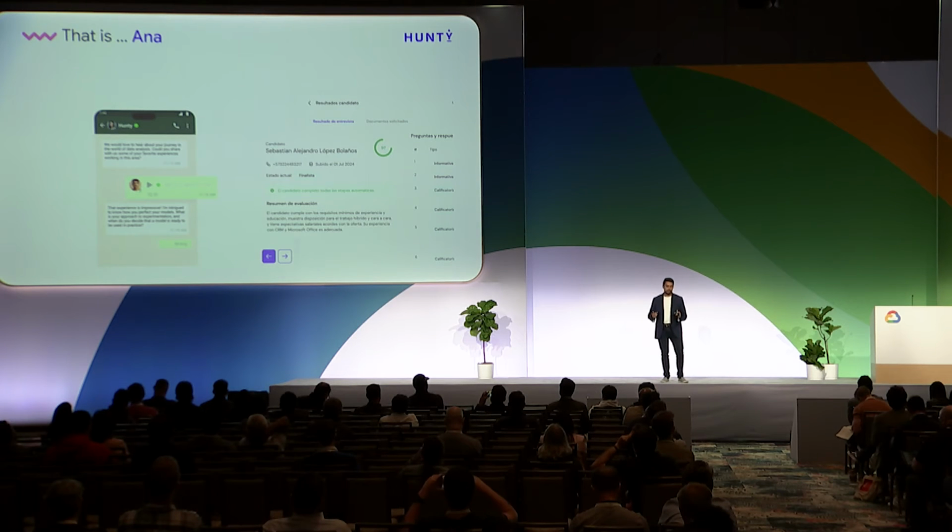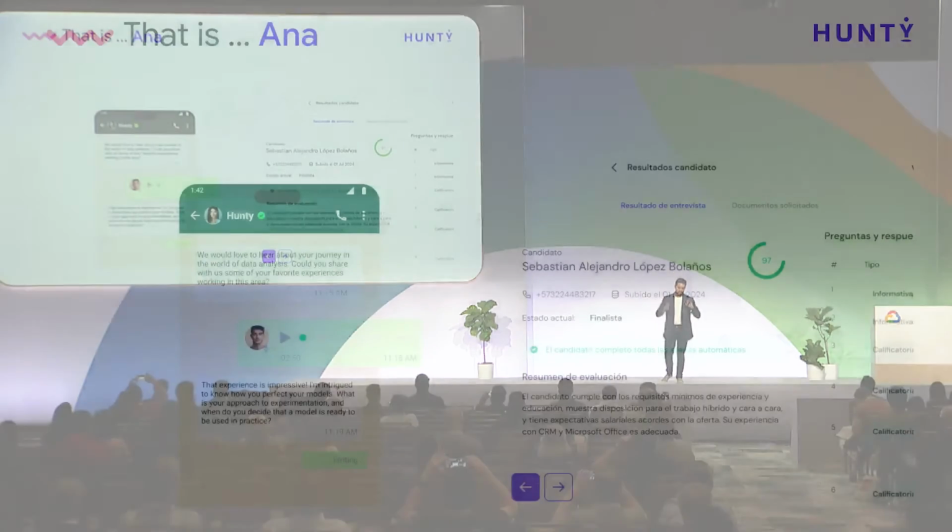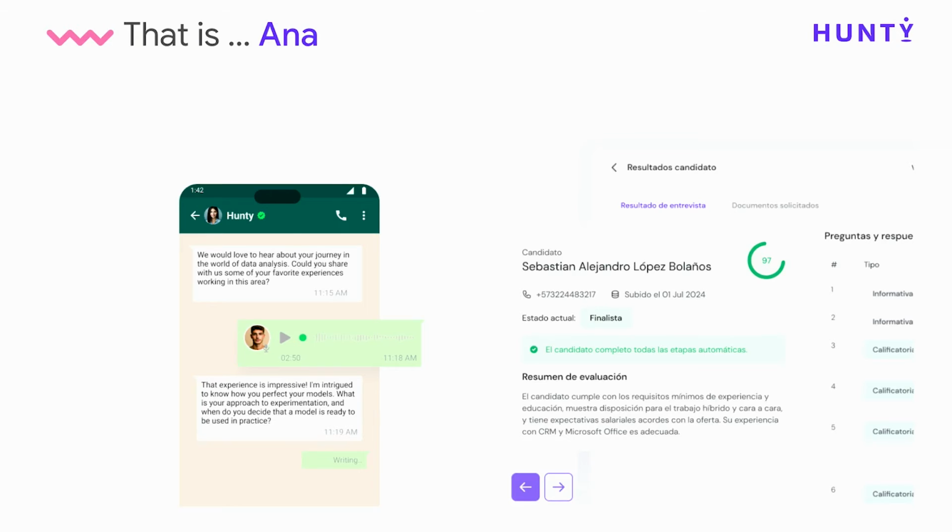This agent, because it is an agent, or let's say it is a bit more complicated, I'm not going to debate here what is an agent or what is not an agent, but let's call it an agent for the sake of simplicity, is able to interact via WhatsApp with candidates. Why WhatsApp? Because in Latin America, WhatsApp is like the operating system of the region.